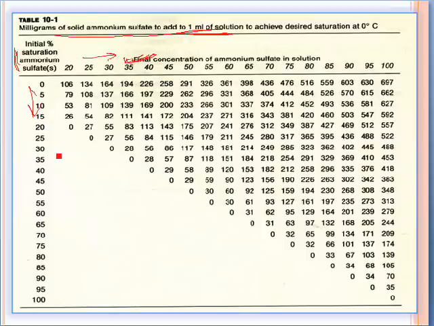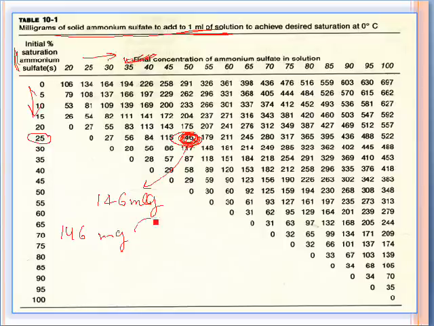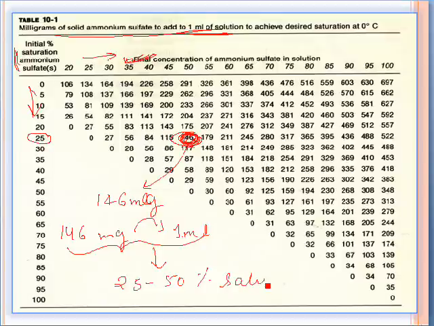For example, if we want to make a 25 to 50% saturated solution, you look at the value at 25 aligned with 50%. The value comes out 146 milligram. So this 146 milligram is taken in 1 ml of solution, and then it becomes a 25 to 50% saturated solution.